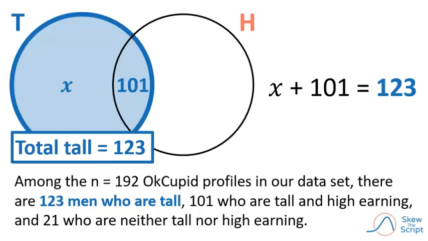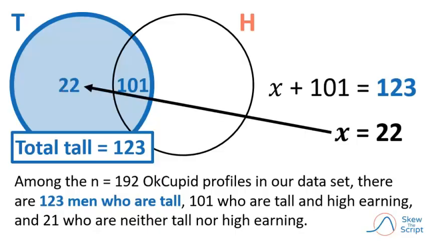So we need to figure out the remaining X profiles that are also tall but are not high earning. So some X profiles plus the 101 should get us 123 tall people. That number is 22. 22 plus 101 equals 123.